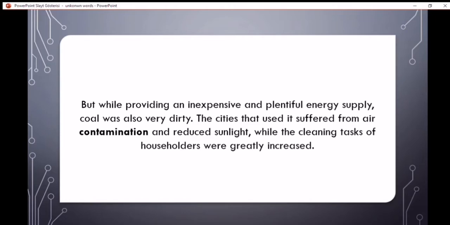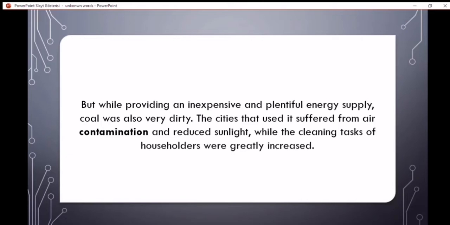Another one. But while providing an inexpensive and plentiful energy supply, coal was also very dirty. Okay, so first I'm just thinking out loud. First, I think the writer talked about the advantages of coal.